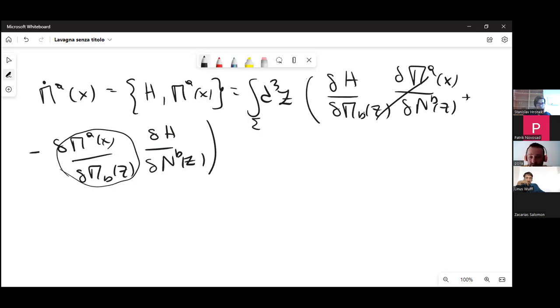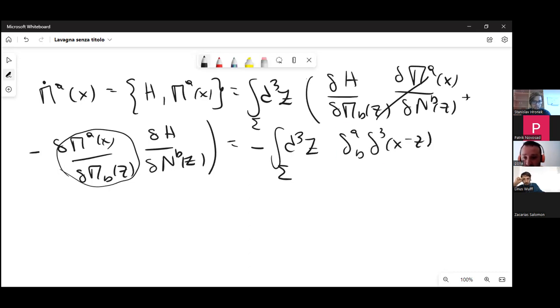And when we write down the Hamiltonian, it is the sum over all those other terms. This is just minus the integral of d3z of delta^a_b delta3(x minus z) coming from this one.